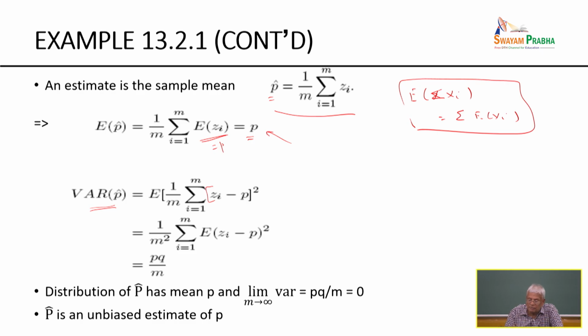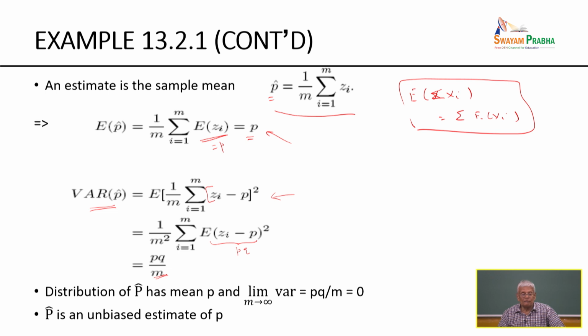By applying the same rule, 1 over m square comes in here. This is the variance of the single toss, and this is equal to PQ. This PQ is independent of i, so they are going to add this m times. So mPQ divided by m square is equal to PQ by m.